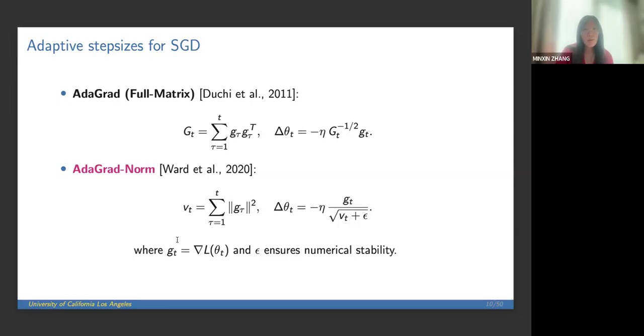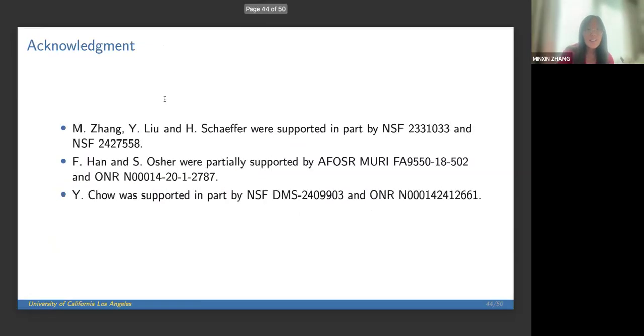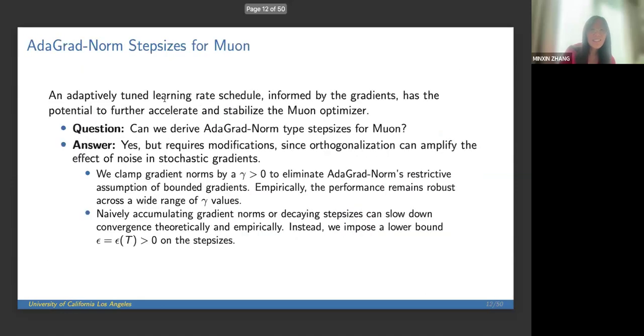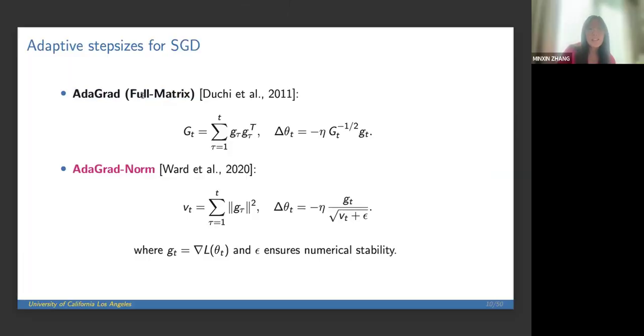In our case, we want to propose adaptive step sizes for the Muon optimizer, and we want something like AdaGrad-Norm instead of AdaGrad. There are two reasons. One is that AdaGrad with the full matrix is more computationally expensive, whereas AdaGrad-Norm only accumulates a scalar variable. The other is that, based on the evidence from the Muon optimizer, orthogonalized update directions are beneficial.